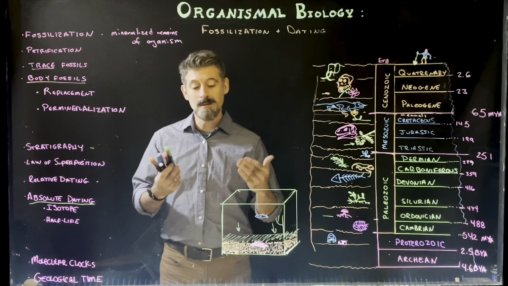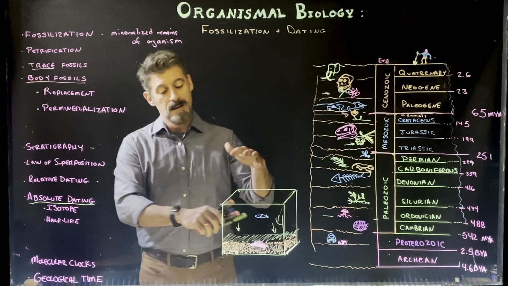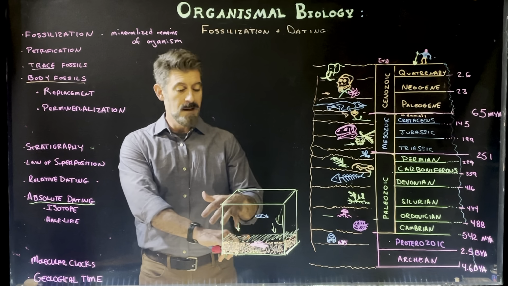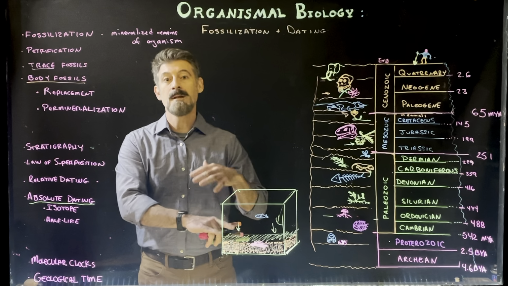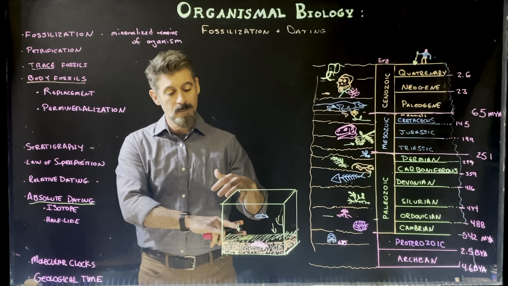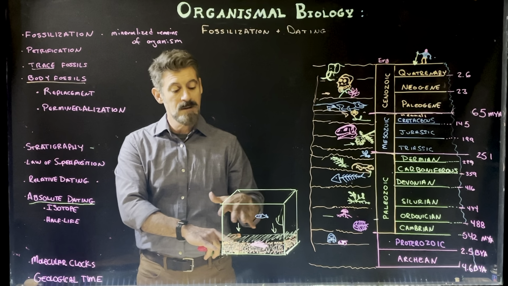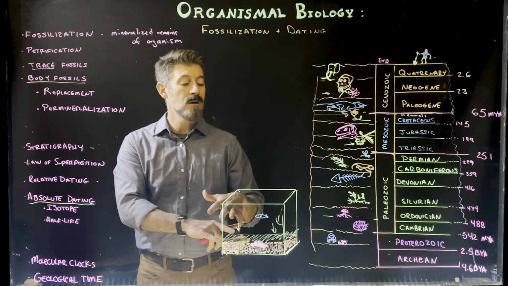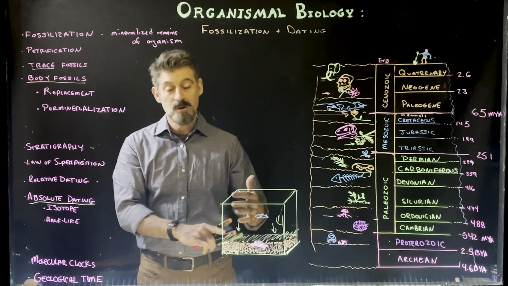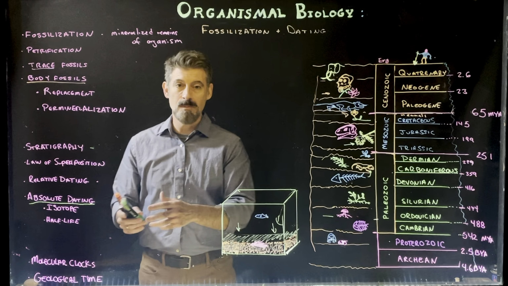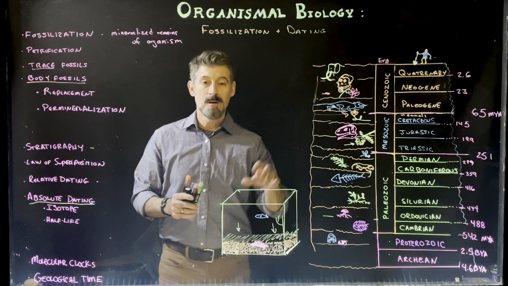There are also cases where the sediment traps the organism that's dead, and certain anaerobic conditions are met, maybe there's no bacteria there to carry out breakdown, and so the tissue is slowed down in its breakdown process, and then other sorts of mineralization processes can actually preserve the soft tissue.